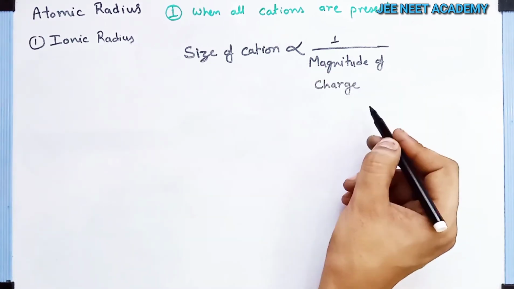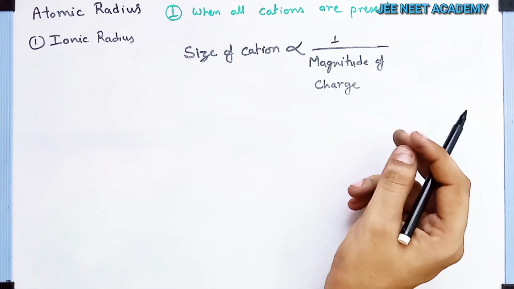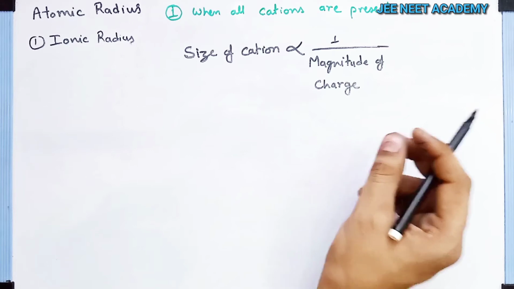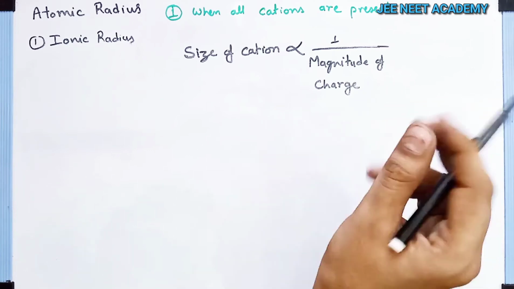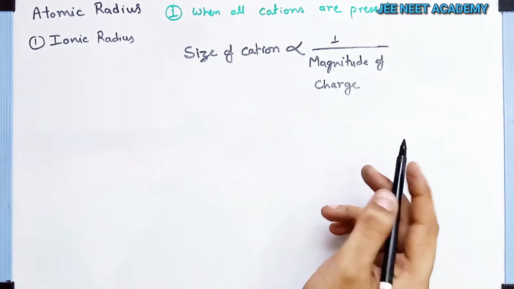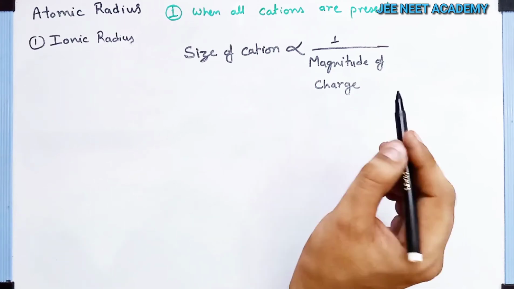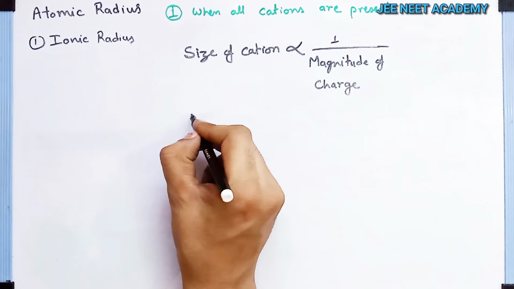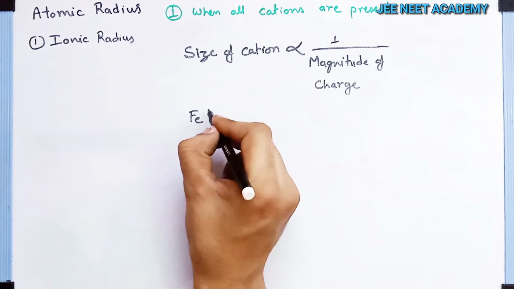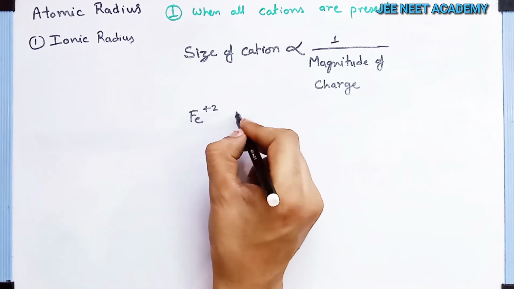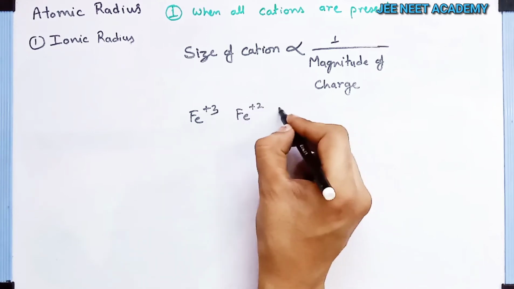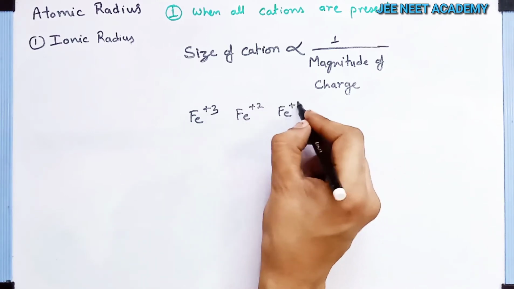This is true if the ions are formed from the same atom. Ions are from the same atom elements, like Fe plus 3, Fe plus 2 and Fe plus 1.